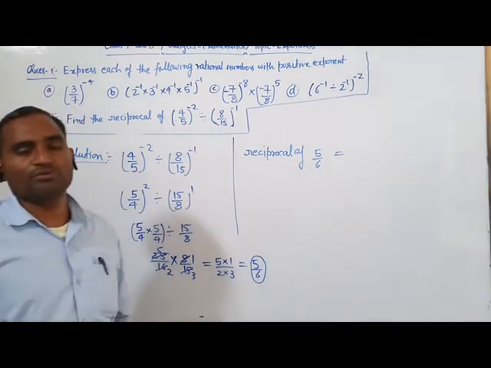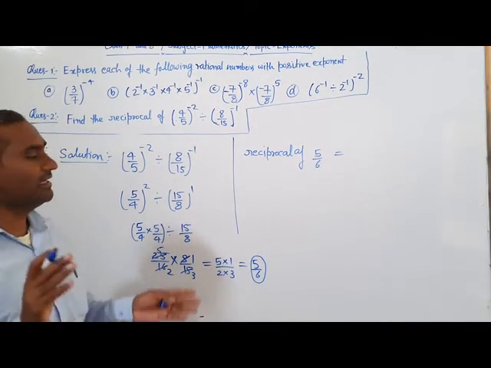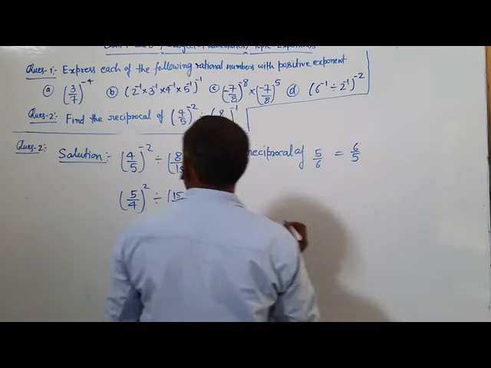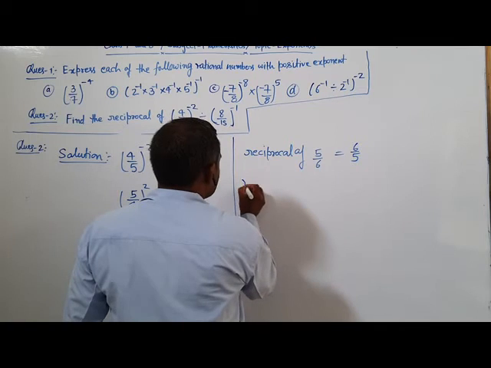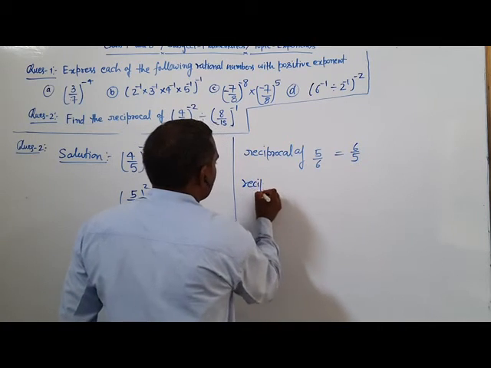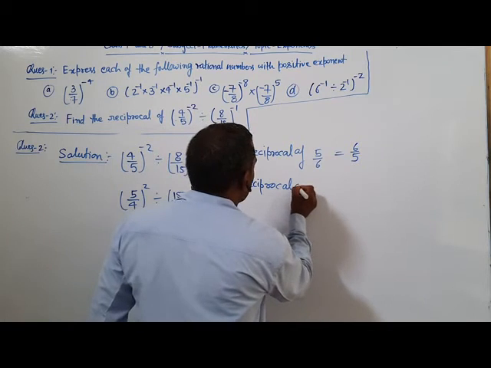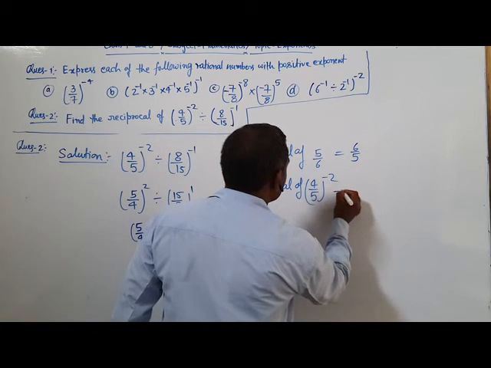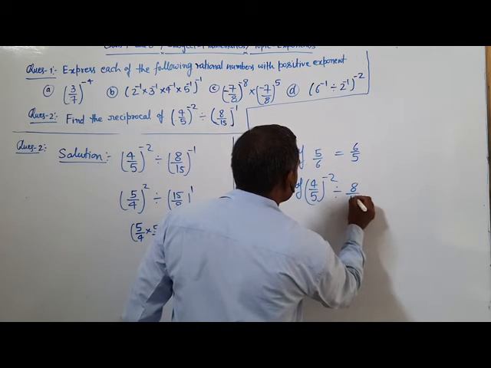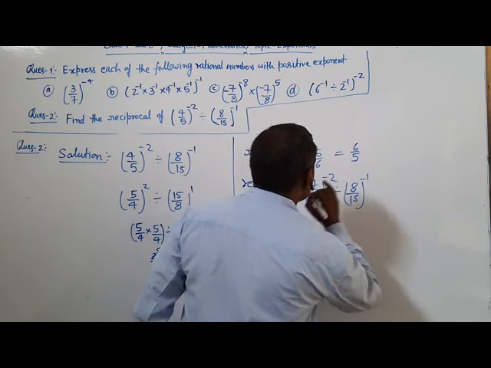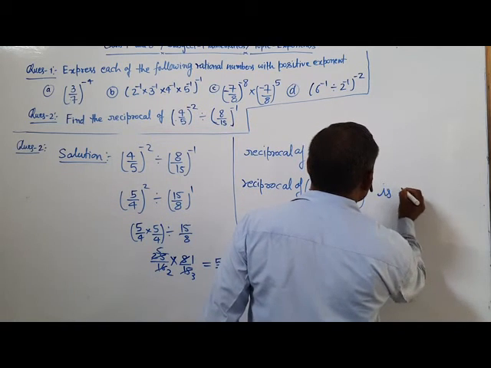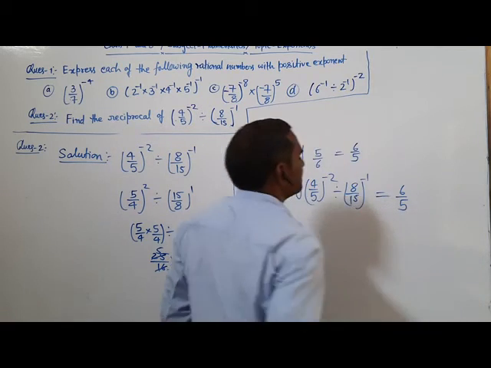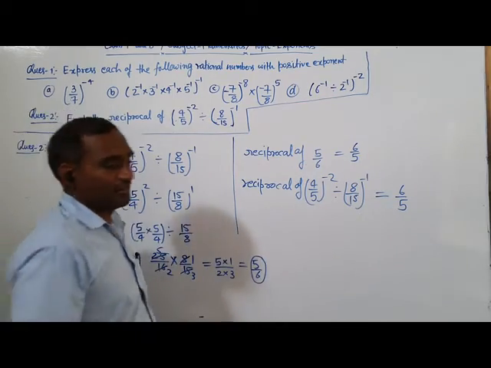In reciprocal you have to change numerator into denominator and denominator into numerator: 6/5. So the reciprocal of (4/5)^-2 divided by (8/15)^-1 is equal to 6/5. This is the answer.